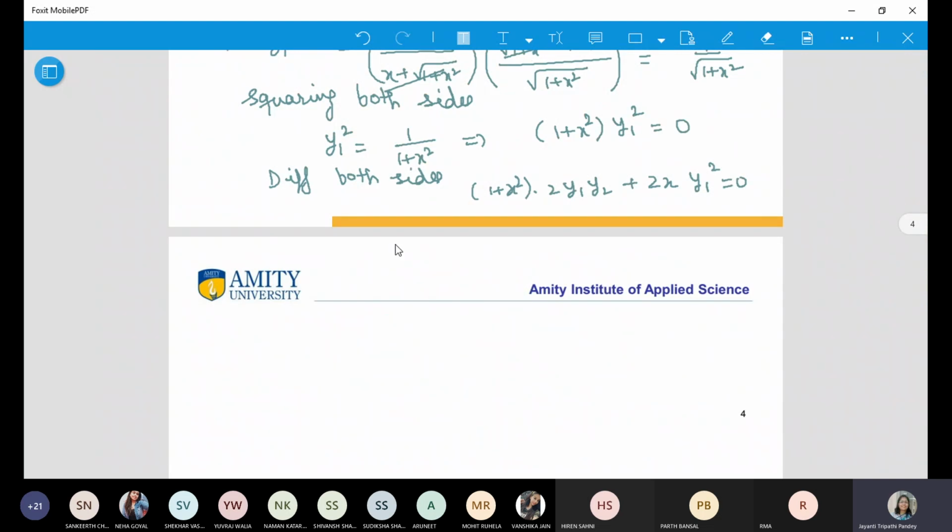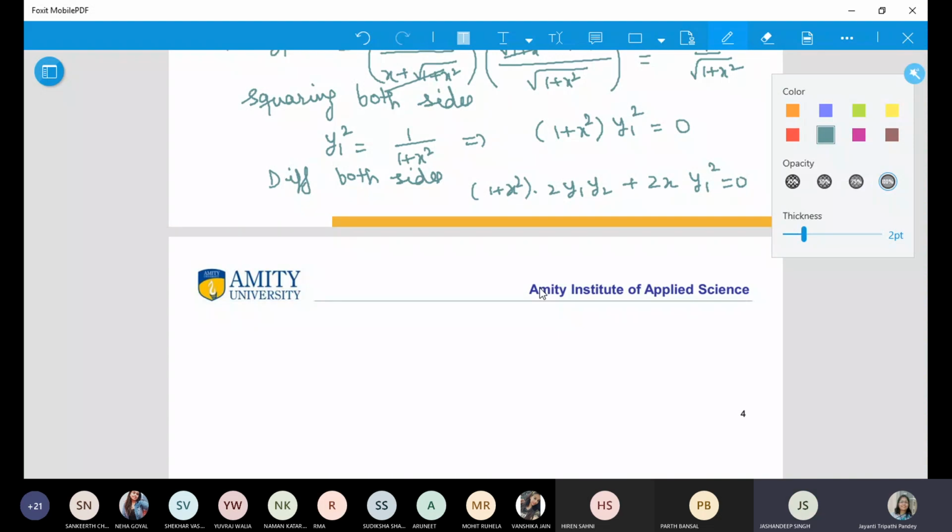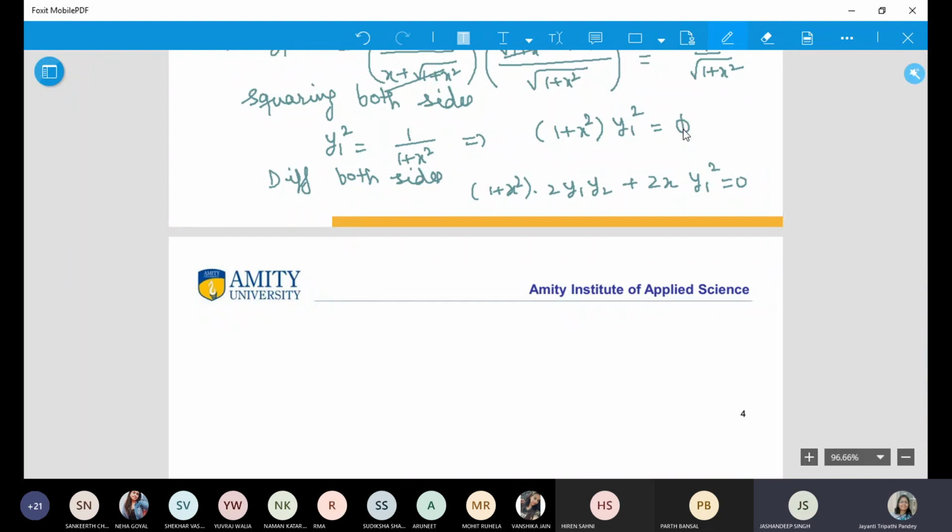I'm just solving it directly. Now when we have squared both sides, 1 plus x square into y1 square equals 1. After derivative, it will be 0. Okay.